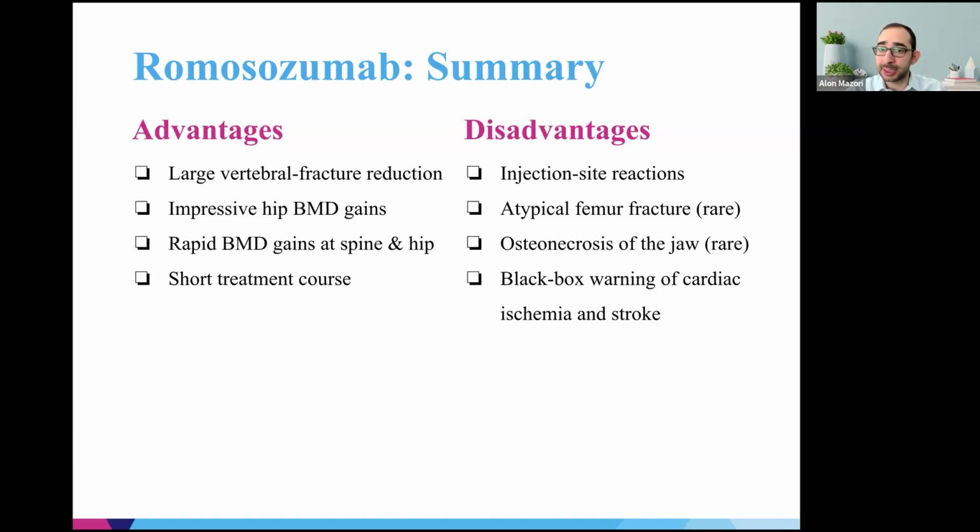However, there can be injection site reactions, atypical femur fracture and osteonecrosis of the jaw. This is the anabolic therapy that actually also has these two risks. And there's a black box warning of cardiac ischemia and stroke. And this deserves some conversation.